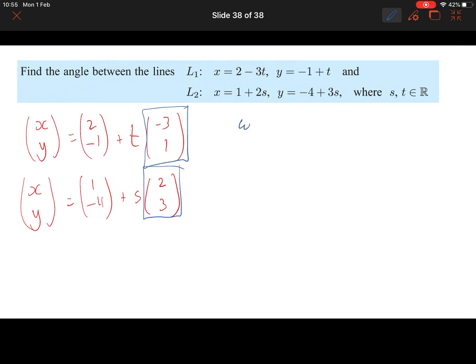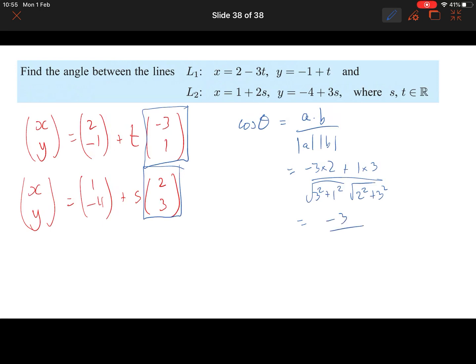Okay? Which means that I now know the direction vectors of my two lines. So the cosine of my angle is going to be equal to the dot product of the two direction vectors, which is -3 times 2 plus 1 times 3, over the square root of 3 squared plus 1 squared, times the square root of 2 squared plus 3 squared.